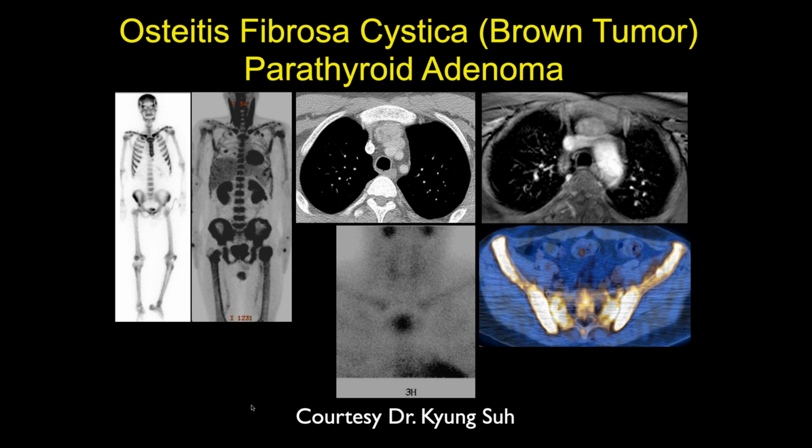What would you do for the brown tumor? If you treat the parathyroid, does it resolve? No, you call an endocrinologist. Right. And then the next thing you do is have an orthopedic surgeon and a radiologist get together and fix the bone that's getting so thin, to prevent fractures.